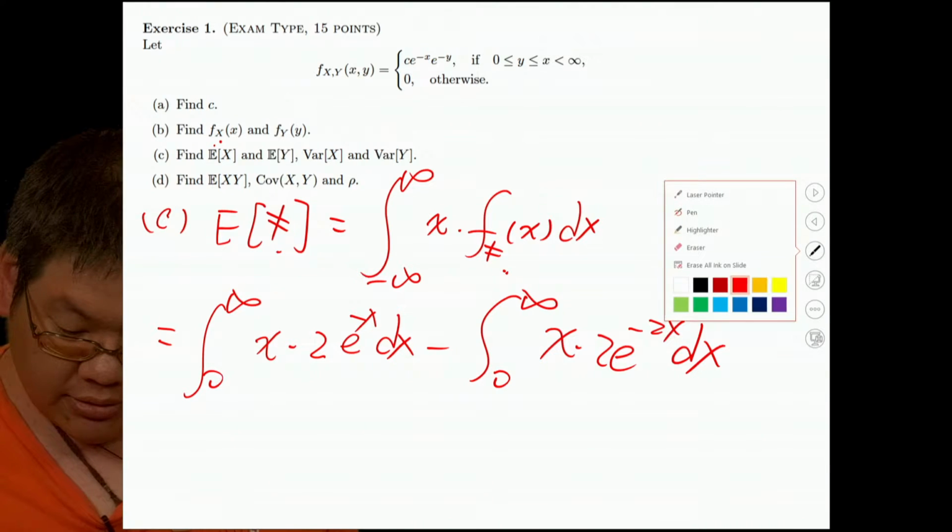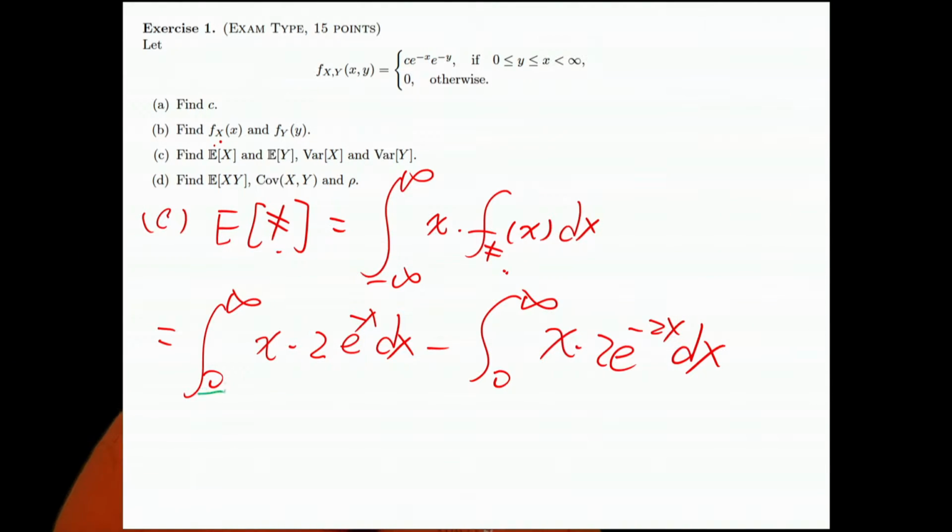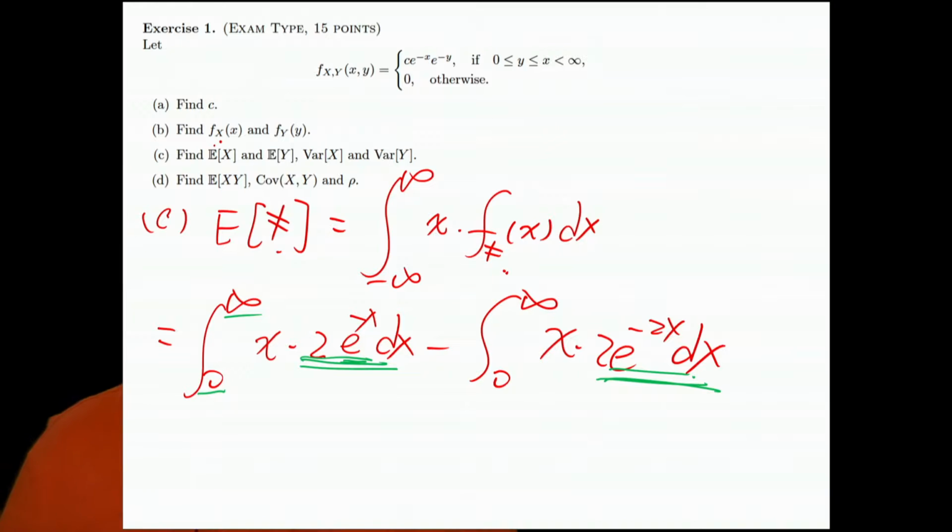Now here you need to think, it's from 0 to infinity, and also I have an exponential term. And what does that mean? If you know the exponential distribution, this actually is an exponential distribution with lambda equals 1. And here is the exponential with lambda equals 2.